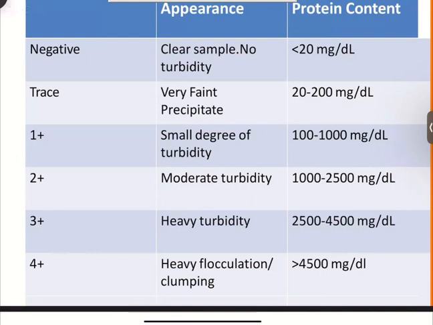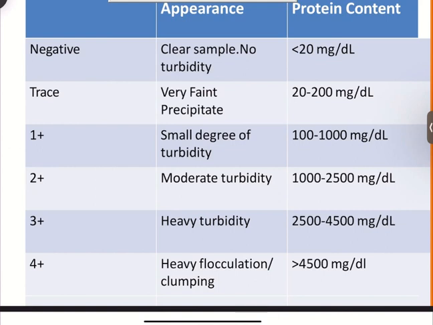Okay, you do have these results. Negative for a clear sample, no turbidity, is equivalent to less than 20 milligram per deciliter.